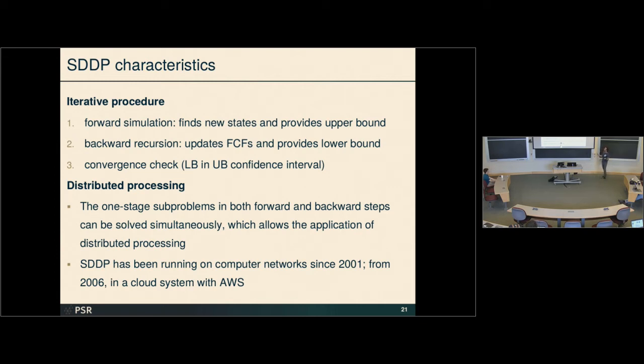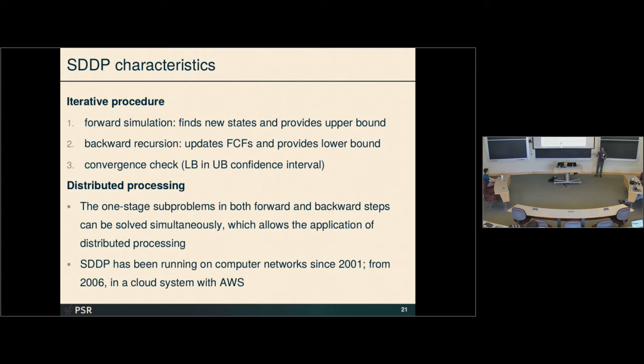One we call forward simulation, where in each scenario you move forward in time, solving each problem chronologically, and then you get states, which are basically volumes of hydro plants, and you propagate those states until the end. And then you do a backward recursion.